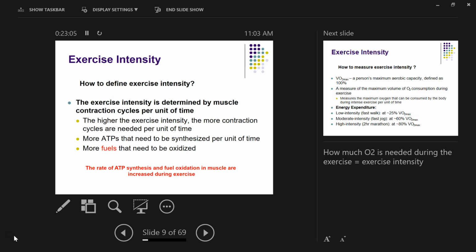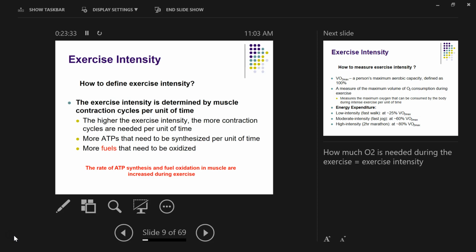So exercise intensity is related to energy utilization, energy oxidation, right? So ATP production. So high intensity exercise requires more ATPs, requires more energy fuel utilization.